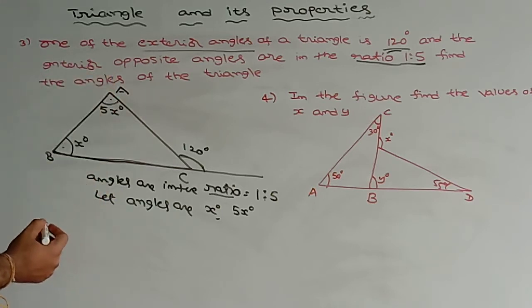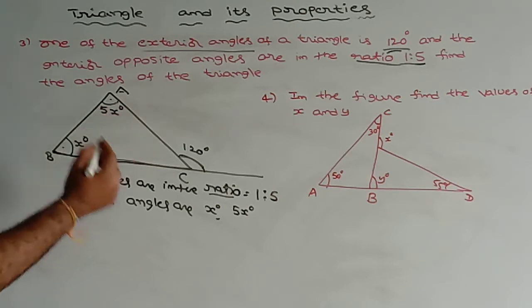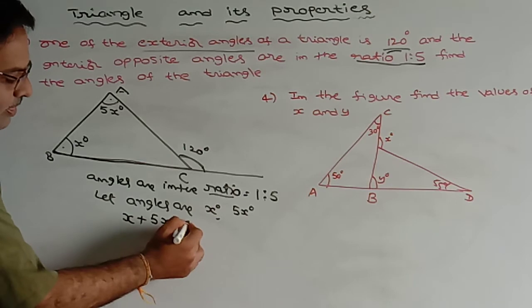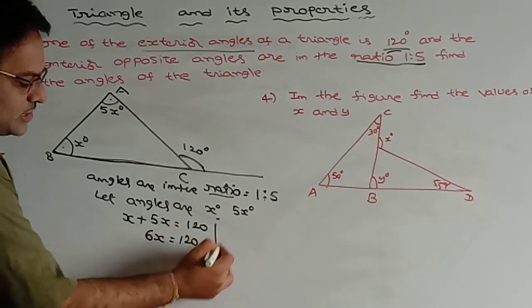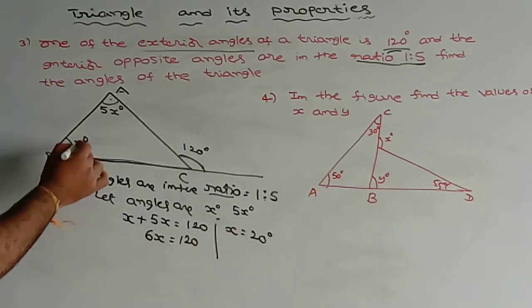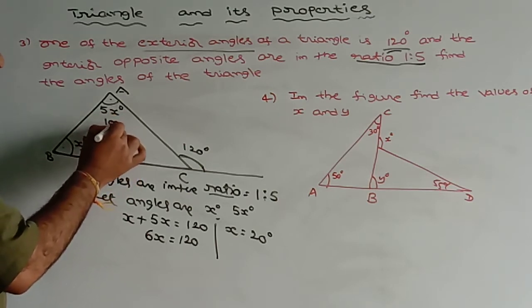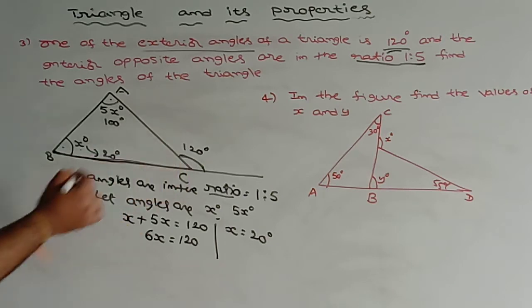Now you know already the exterior angle equals the sum of the opposite interior angles. X plus 5x equals 120, 6x equals 120. So x is 20 degrees. That means this angle is 20. This angle will automatically be 100 degrees. 100 plus 20 is 120.